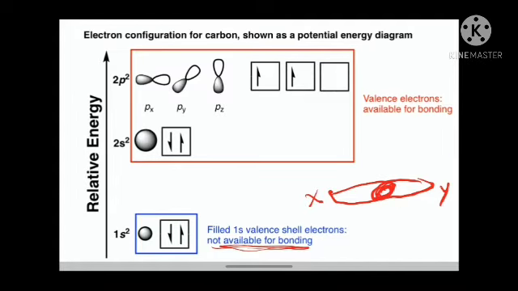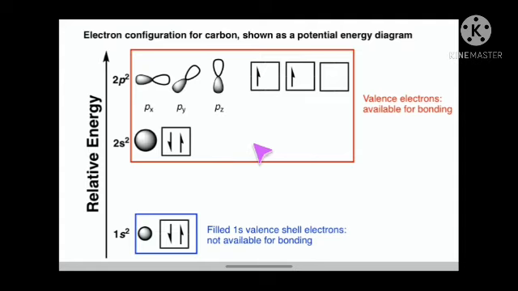So in order to form a bond you need orbitals, and that orbital should not be filled fully. Based on our information, this cannot be used for bonding purposes, that we already discussed, and these two can be used for bonding purposes.